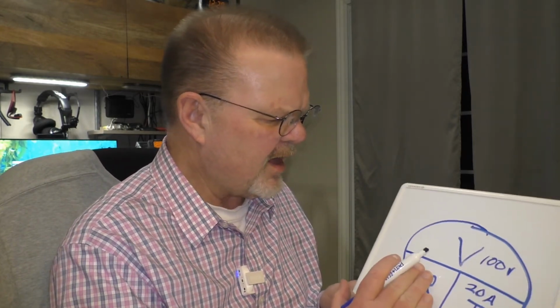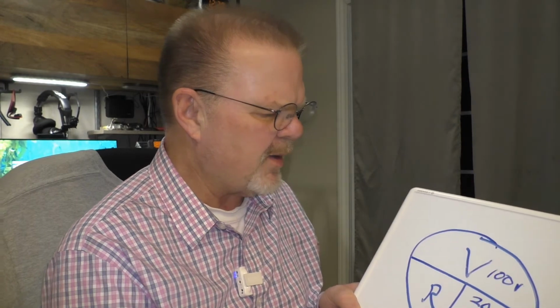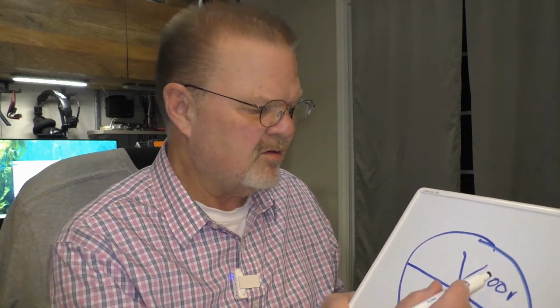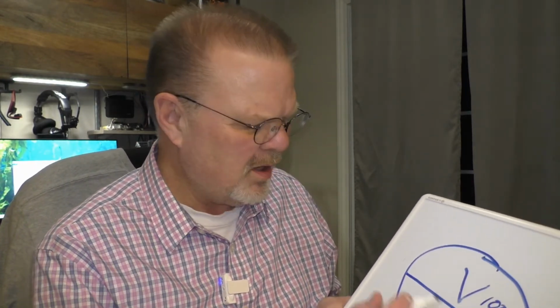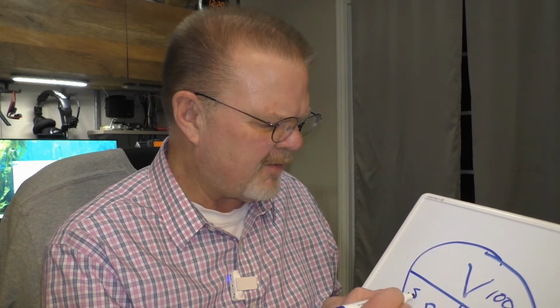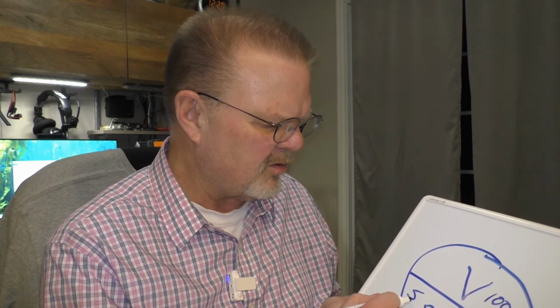So we want to find the resistance, cover that up. 100 divided by 20 is the same as 10 divided by 2. So you got 5 ohms of resistance. All right? Let's clean that off and try solving for something else.